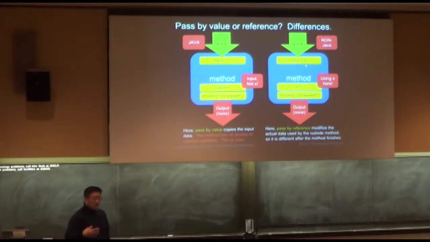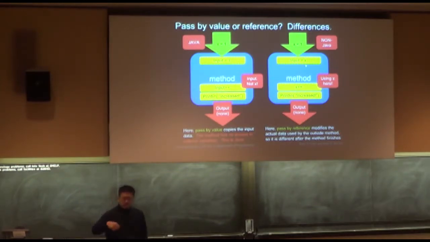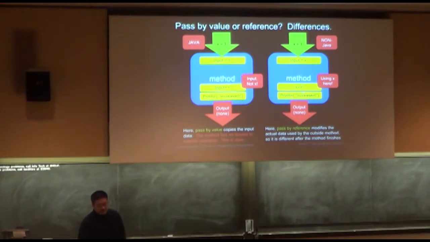So in those non-Java languages, input is actually another name for x. It is a reference to x. So when I pass by reference, input becomes x, and modifications to input actually happen to x. And so I don't need to have an output here, and in pass by reference, x is modified on the outside.